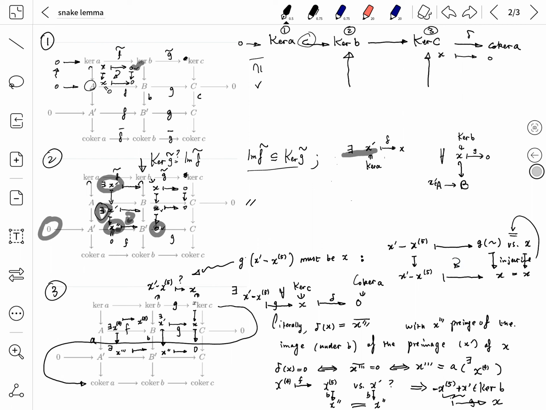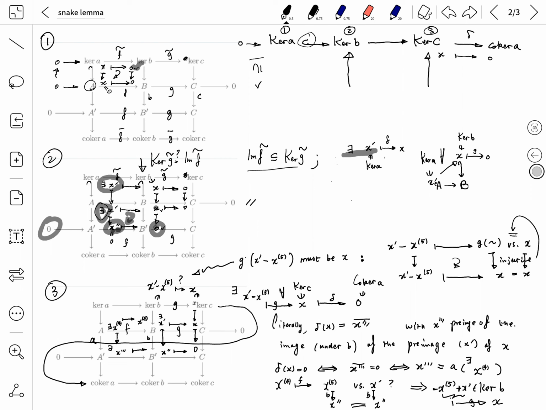But then this x prime is already in the kernel of A. Okay, and so x prime is mapped to x.